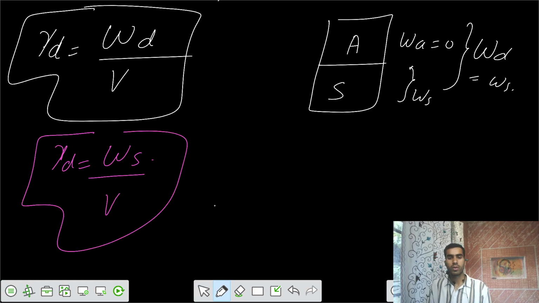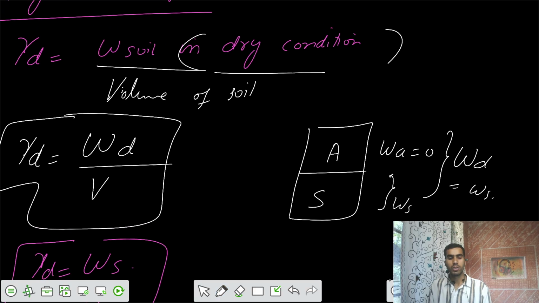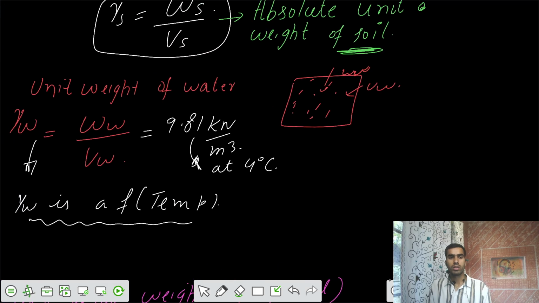Here is the difference. If you compare this with the unit weight of the solids, what was the equation?